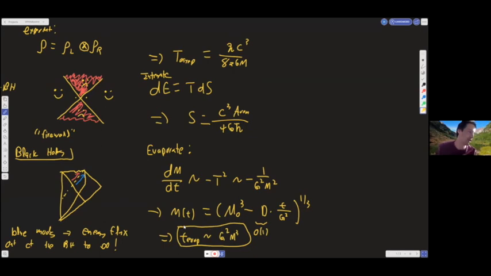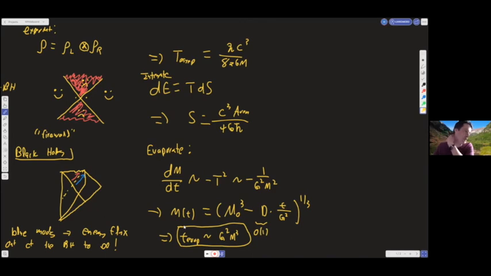So it's a very long time for a big black hole to evaporate, much longer than the time since the Big Bang as conventionally defined. Although, of course, we don't really know the age of the universe. It could be infinite. These are just some basic consequences of Hawking's temperature formula.